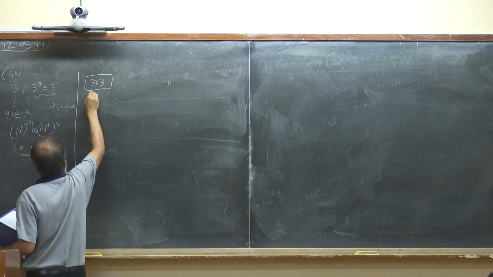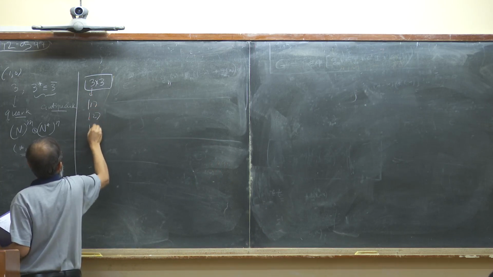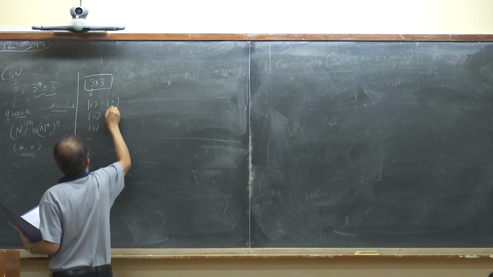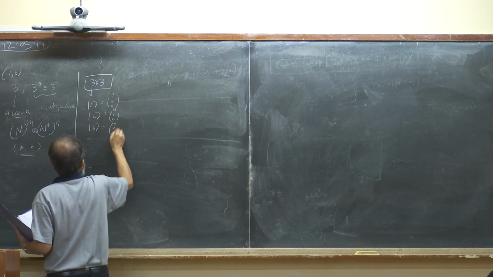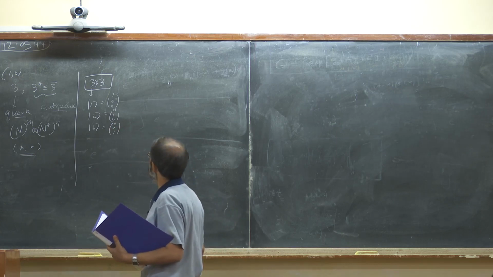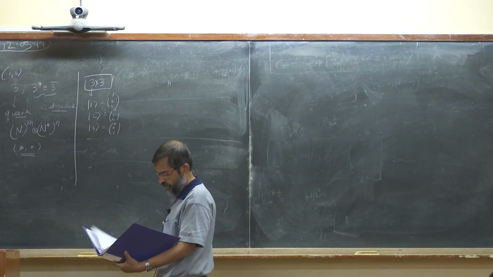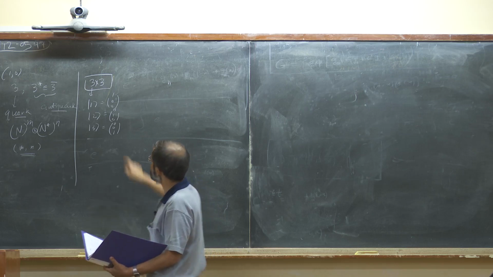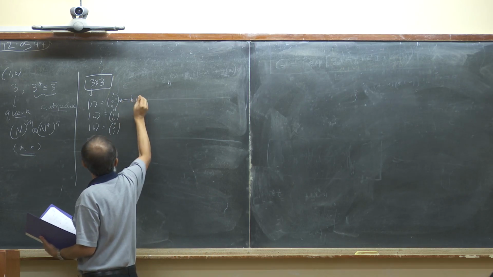So this 3 representation has these basis vectors. This is 1, 0, 0. This is 0, 1, 0, and this is 0, 0, 1. In the particular representation of the Cartan subalgebra that we had considered, this one turned out to be the highest weight vector.